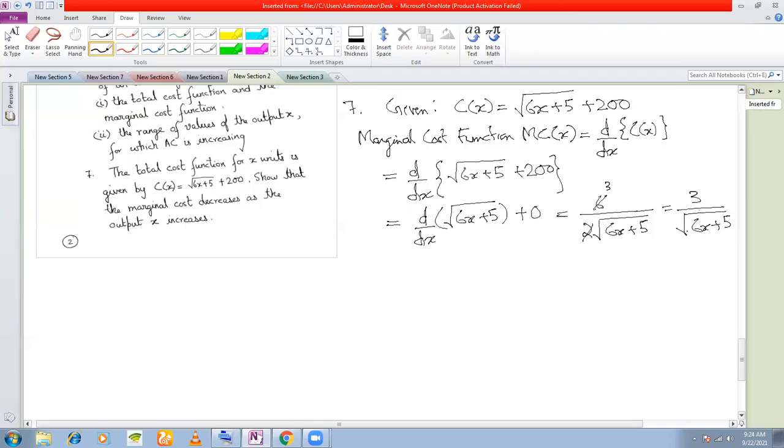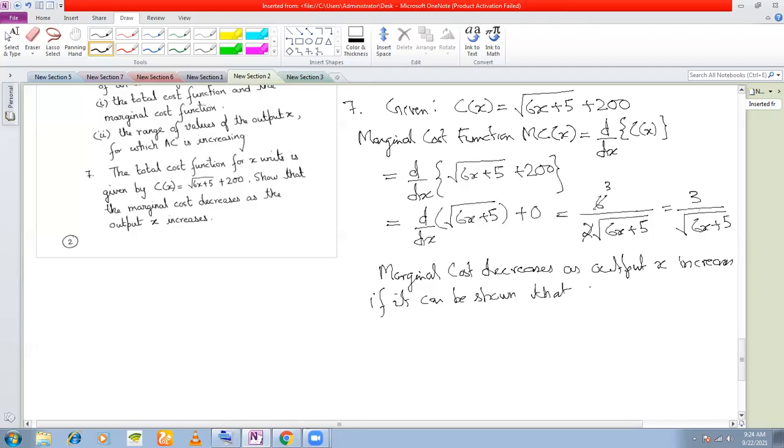Now you need to show that the marginal cost decreases as output increases. So marginal cost decreases as output increases if it can be shown that this above function that we have found out, MC(x) equal to 3 by square root 6x plus 5, is a decreasing function.